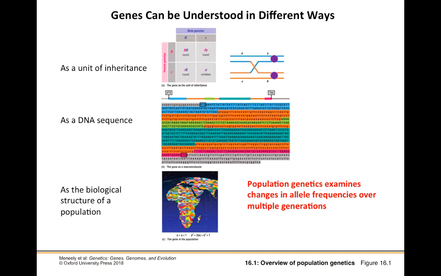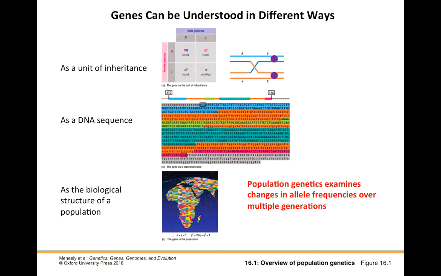So when you think about genes, you can think about genes as units of inheritance. That's what we just got finished doing in class when we were talking about how genes get passed from one generation to another. You can think of genes as a DNA sequence, which is what we talked about in the first half of the class, talking about how that DNA sequence gets transcribed into messenger RNA and then translated into a gene.